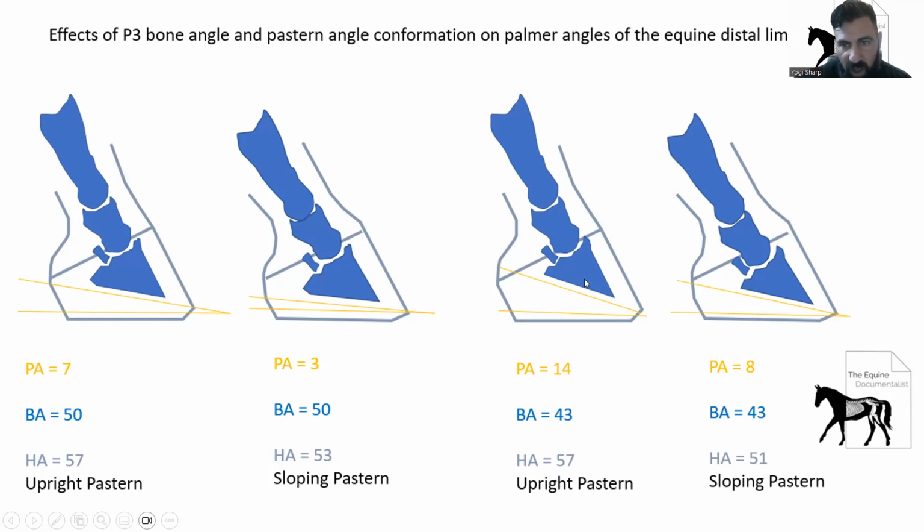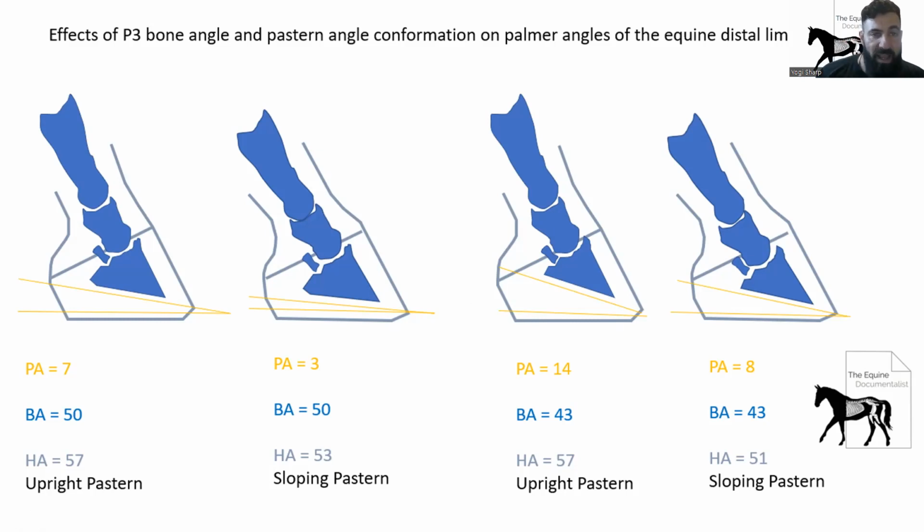Whereas this horse over here, he needs a 57-degree hoof angle to have a straight alignment. His bone angle is only 43 degrees. So he needs a 14-degree palmar angle in order to create this alignment, okay? You all with me? So again, palmar, plantar angle, the angle that the bone is sitting at is also very individual for the horse.